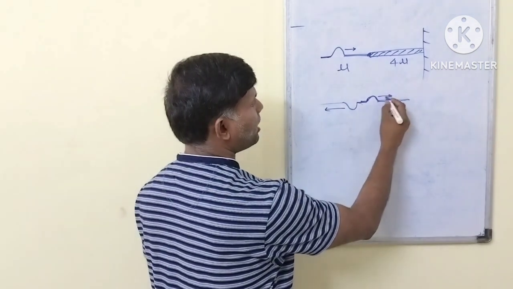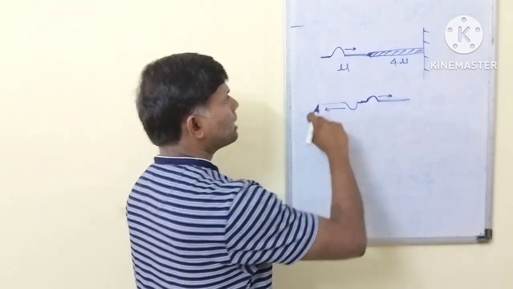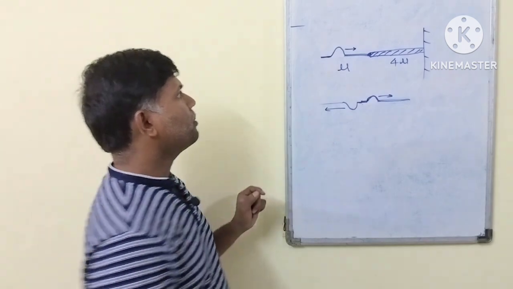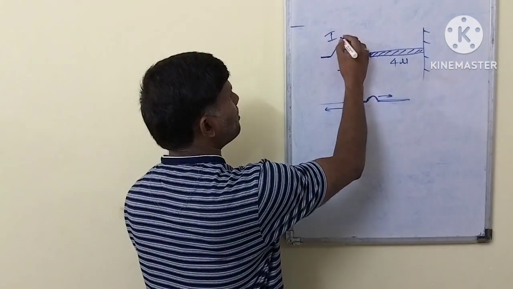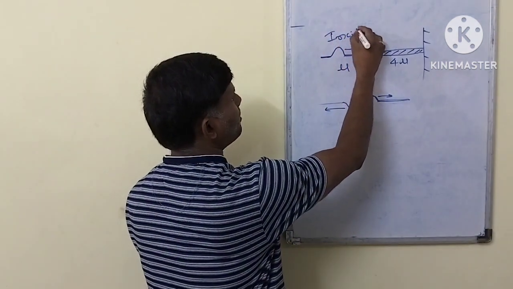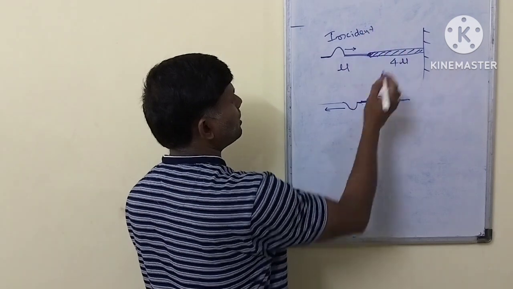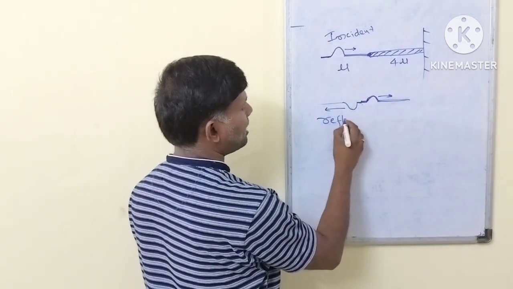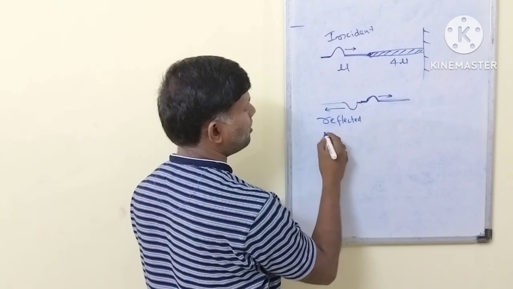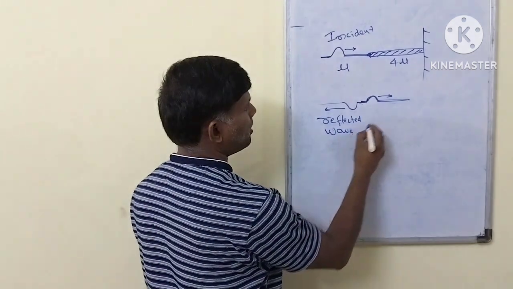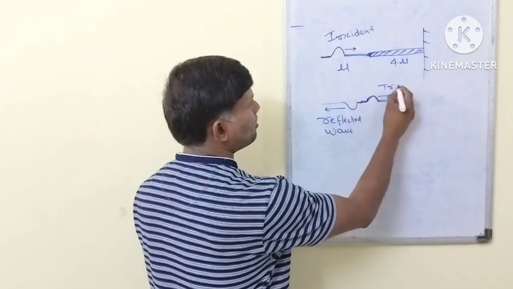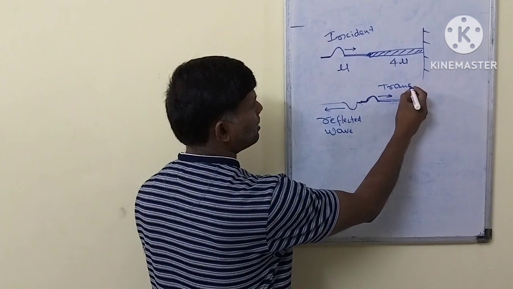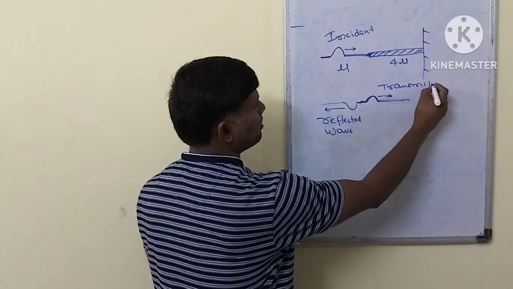This is the incident wave, this is the reflected wave, and this is the transmitted wave.